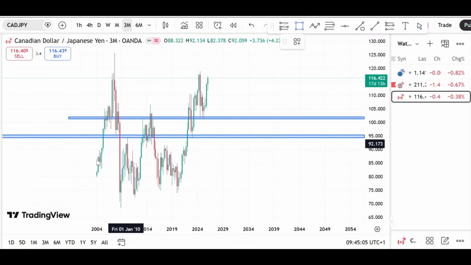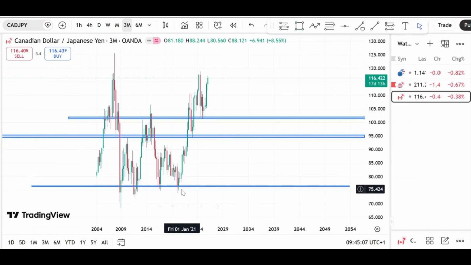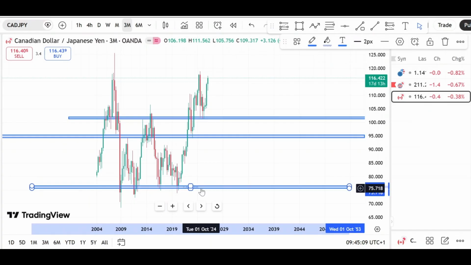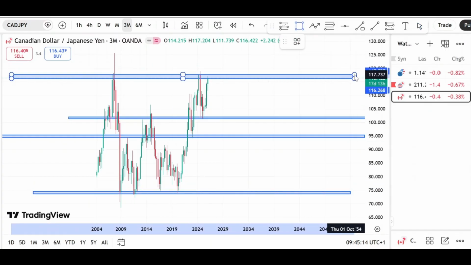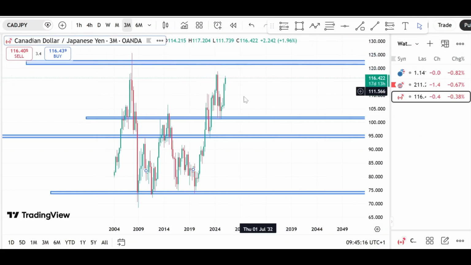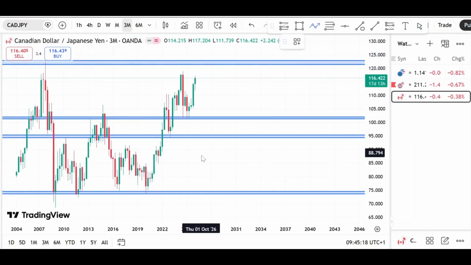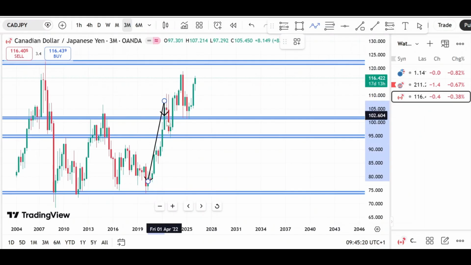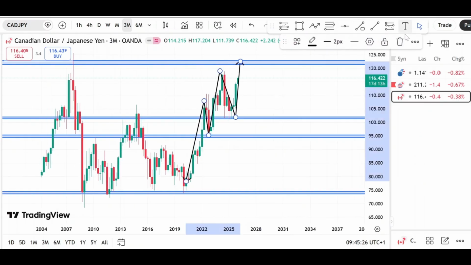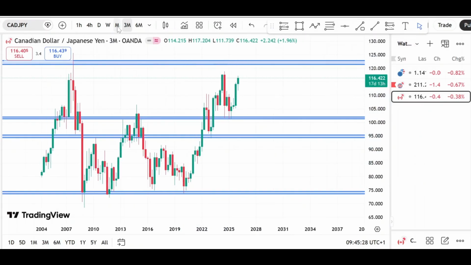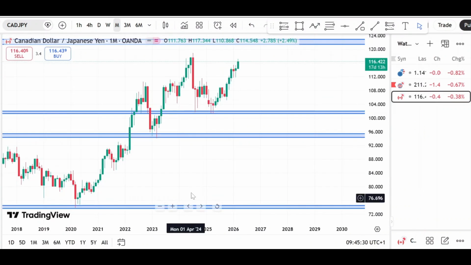This is how it is in a 3-month. We are seeing uptrend, higher high, higher low, higher high, higher low, and we expect that the price is going to keep moving in uptrend in order to complete another higher high. Let's go in a monthly time frame.